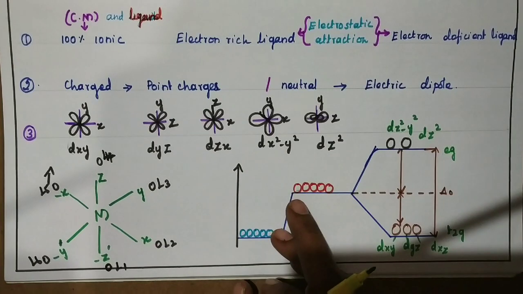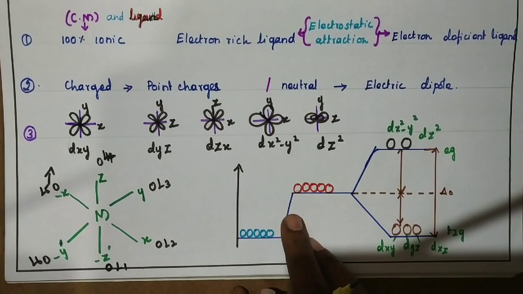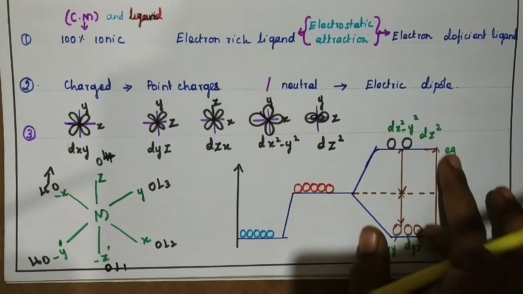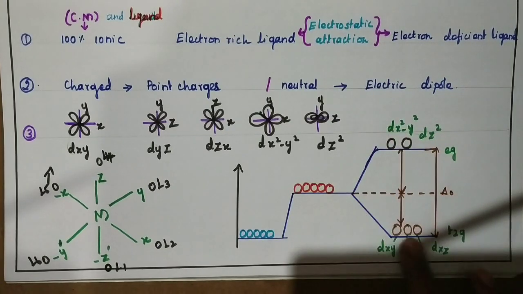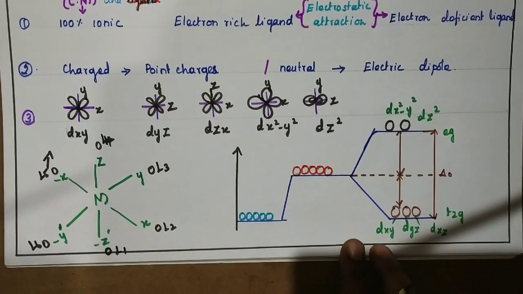Therefore the degenerate d orbitals now split into two sets. This process is called crystal field splitting. Octahedral means the number of ligands in the coordination complex is 6.